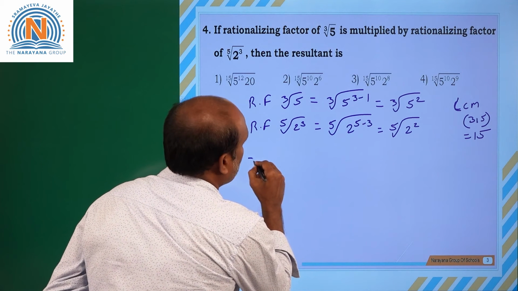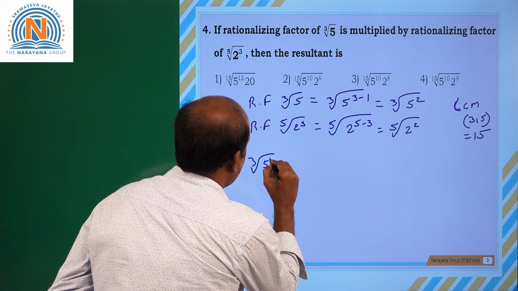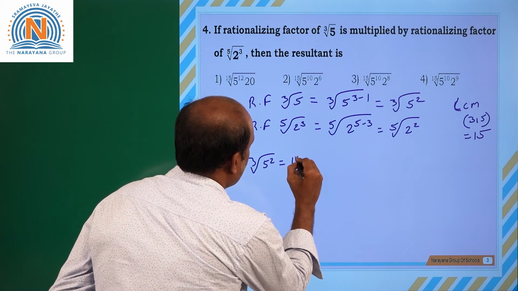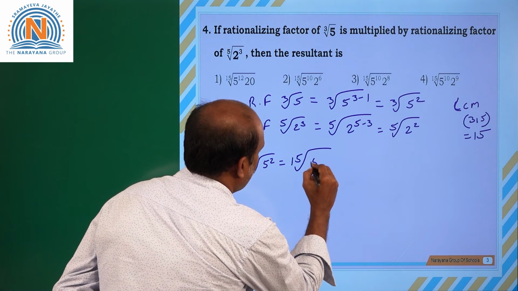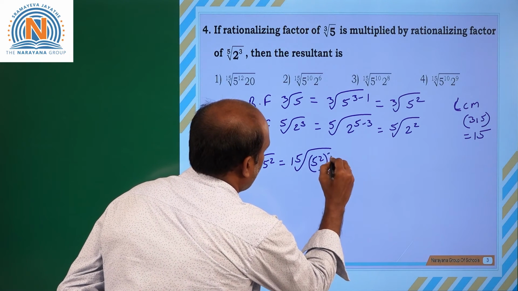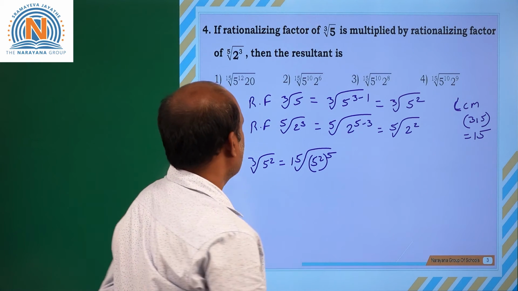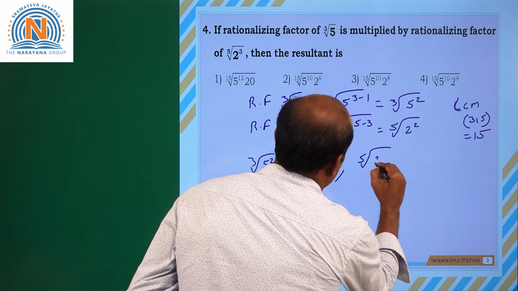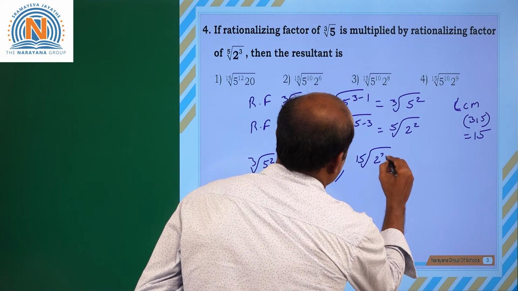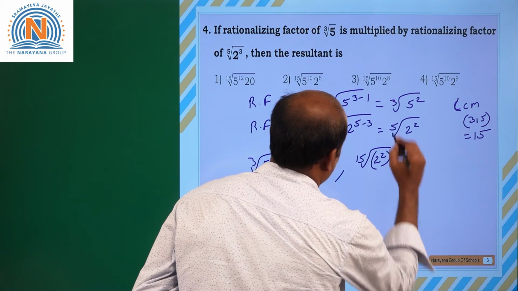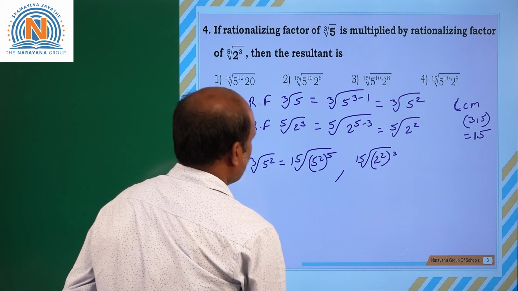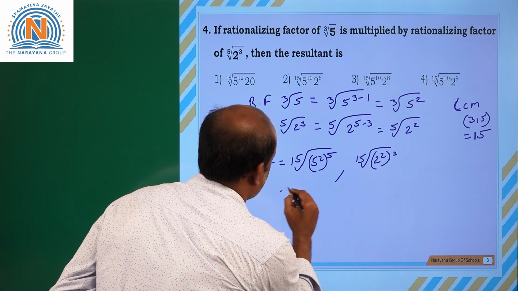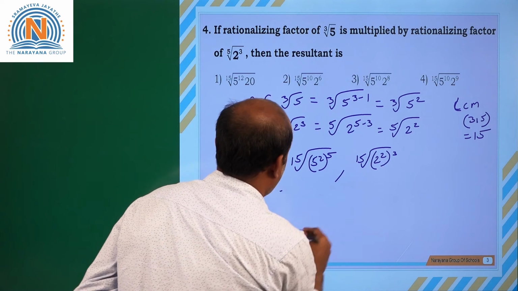So cube root of 5 square is equal to 15th root of 5 square whole power 5, and 5th root of 2 square is 15th root of 2 square whole cube, right? Now we want to find the product.